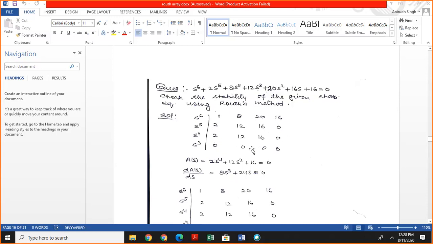Means all the coefficient of this row is 0, so we form an auxiliary equation, and auxiliary equation is 2 multiplied by s raised to the power 4 plus 12 s raised to the power 2 plus 16 is equal to 0.